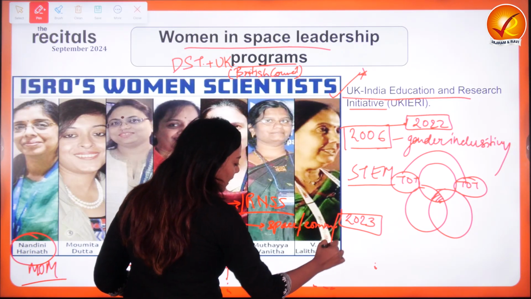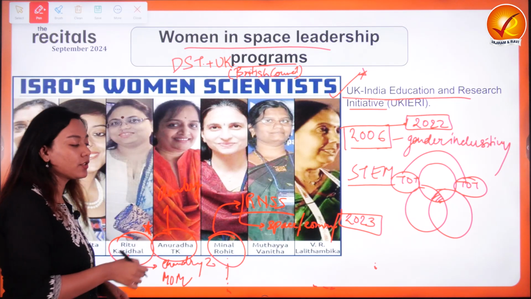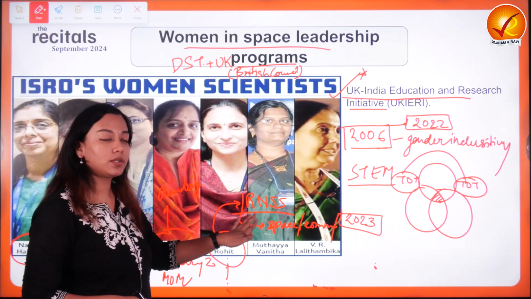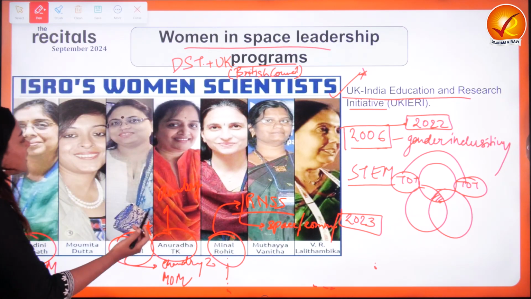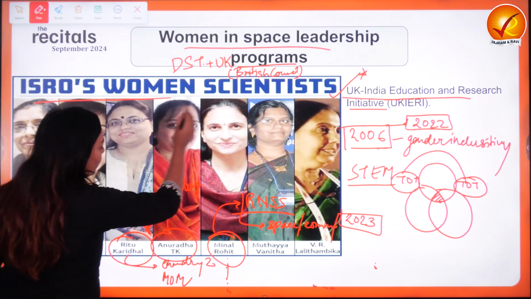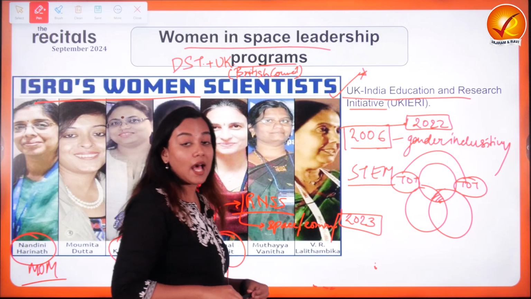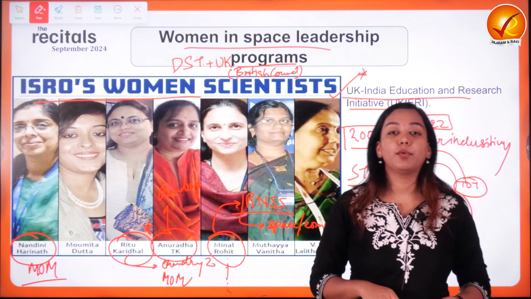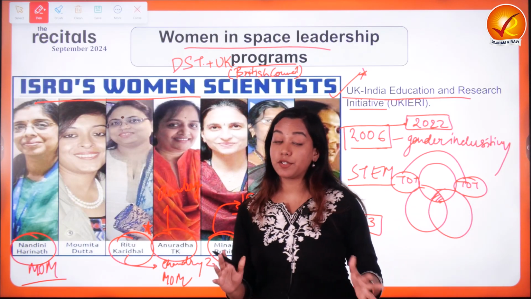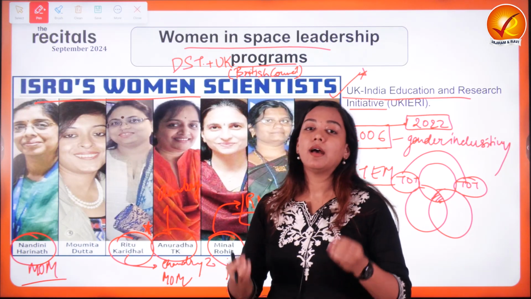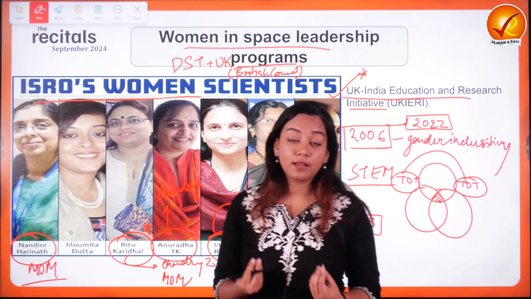Is it a communication satellite, and where are these satellites deployed? So she was the main hand towards the success of IRNSS. So these are some of the important women scientists, but you can still see that they are very few in numbers as compared to our women population in India, which is roughly about 50% of the total population. We see a lot less of them participating in the STEM field.